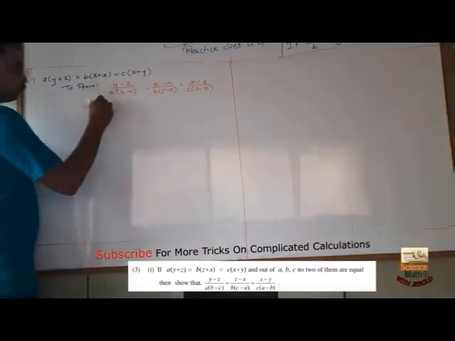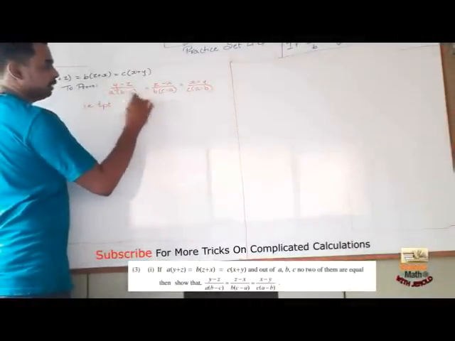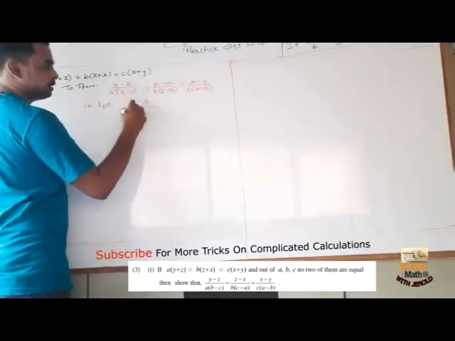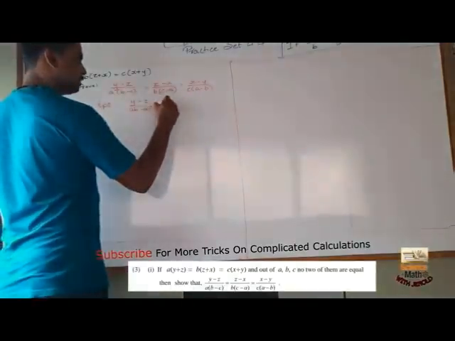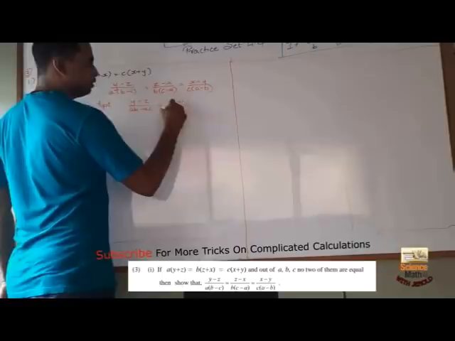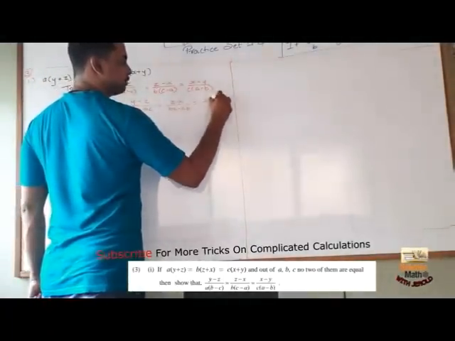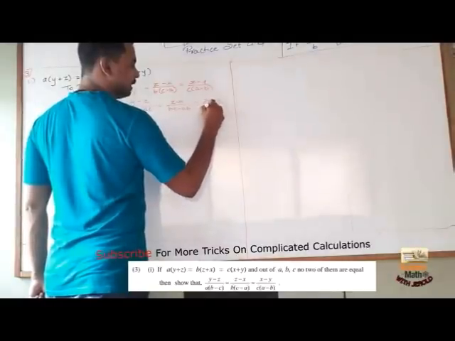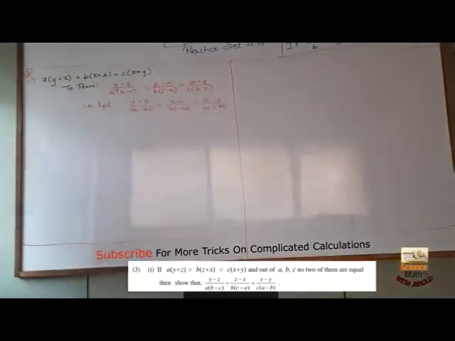That is, to prove that (y − z) over a(b − c), meaning ab − ac, is equal to (z − x) over bc − ab, is equal to (x − y) over ac − bc. This is what I actually want to find out.